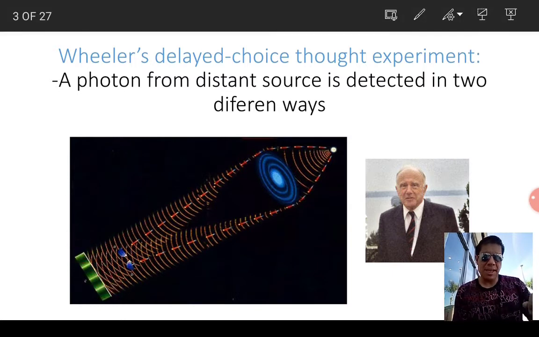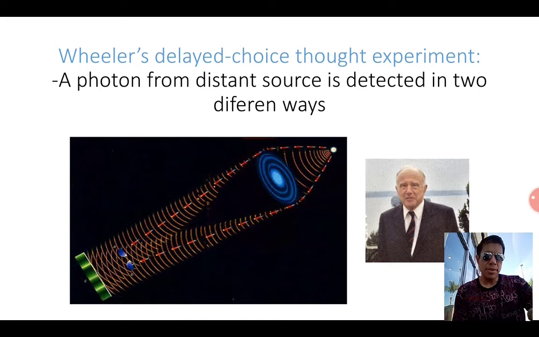So it starts behaving kind of like a wave. As you can see right here, waves come out of the source, and you don't know which way the waves went through, but when the photon gets here, you detect a wave pattern. Of course, you need a lot of photons in order to detect a wave pattern.